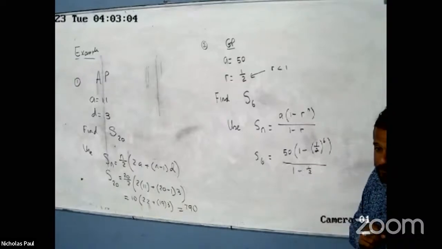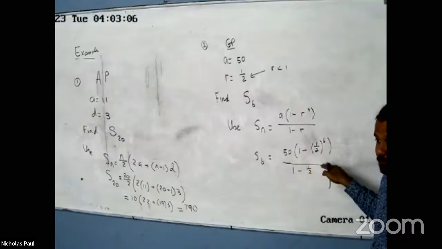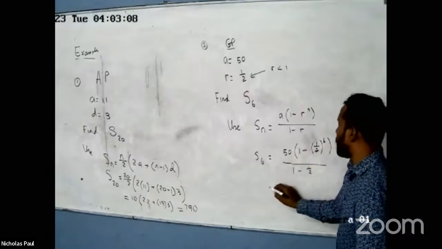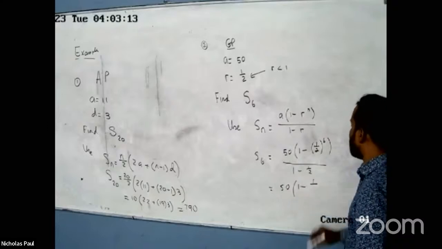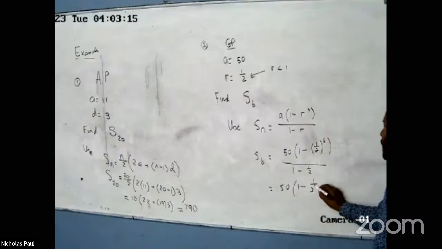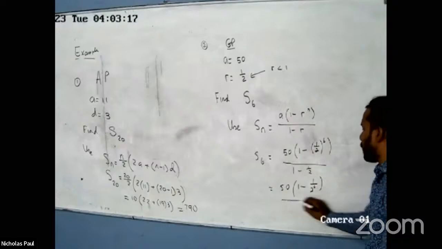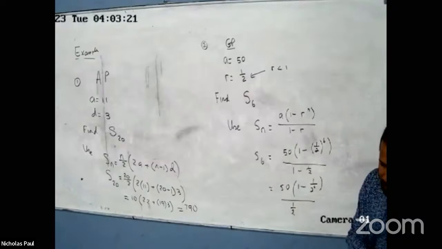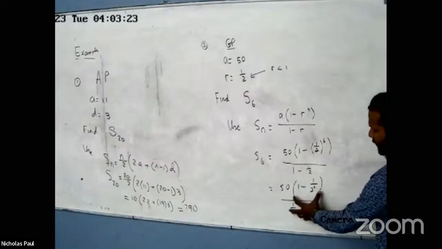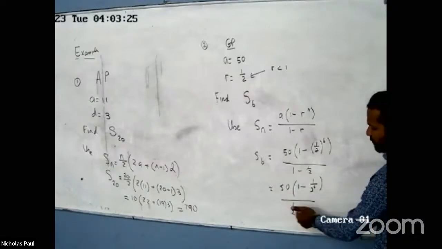Are you okay with that? So let's plug in the values, right? And take your time and work this out. So it will be 50 by 1 minus 1 over 2 to the power 6, all over 1 minus a half. A half is a half. Some people might get a little trouble to work it out, but you can work out here first, then here, then here.